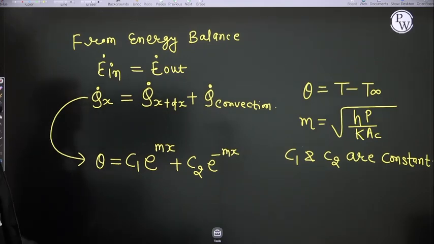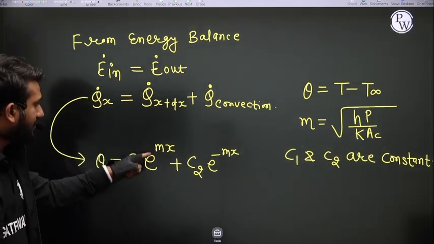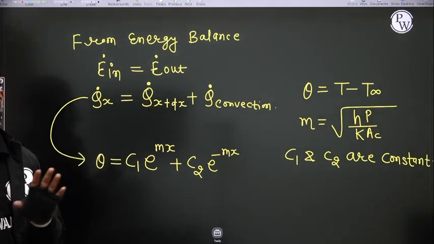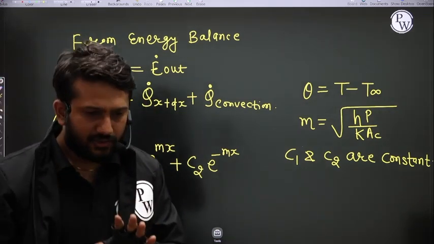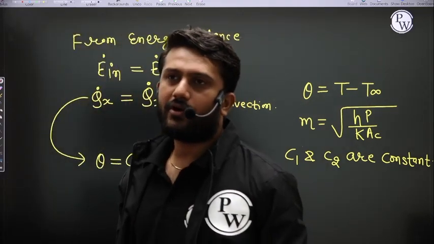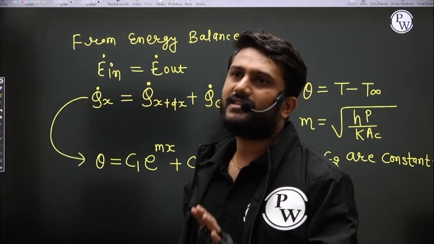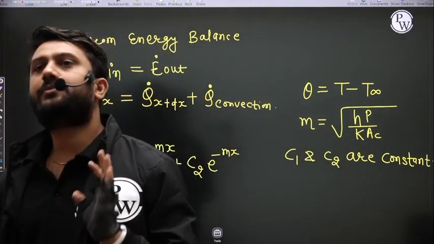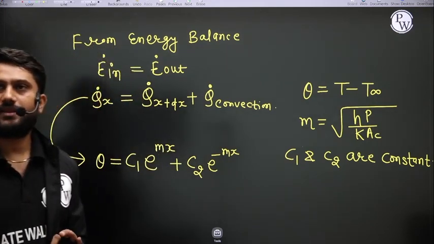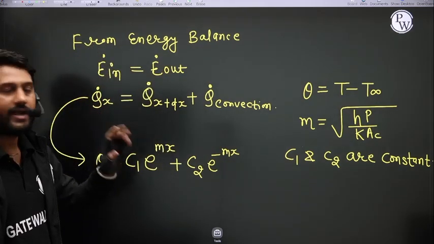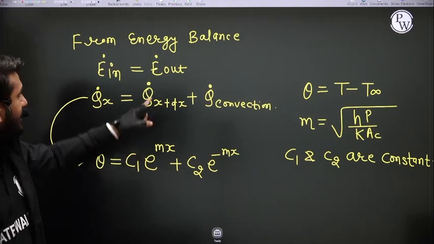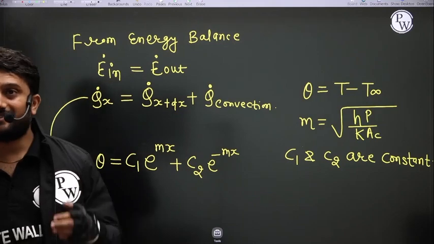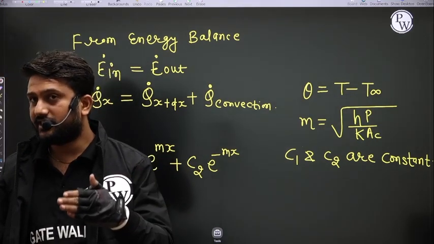Is it clear? So how are we getting this mathematical expression? By solving the energy balance. Right now, solving the energy balance is not important, but the energy balance should be clear. That's why I am starting from here. After solving this energy balance, what is q dot x? That is the rate of conduction heat transfer which is in.